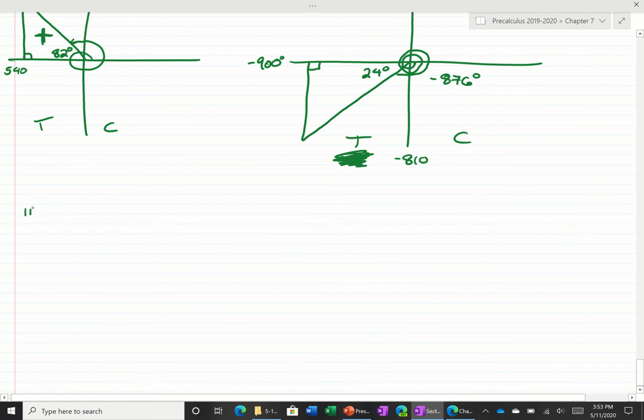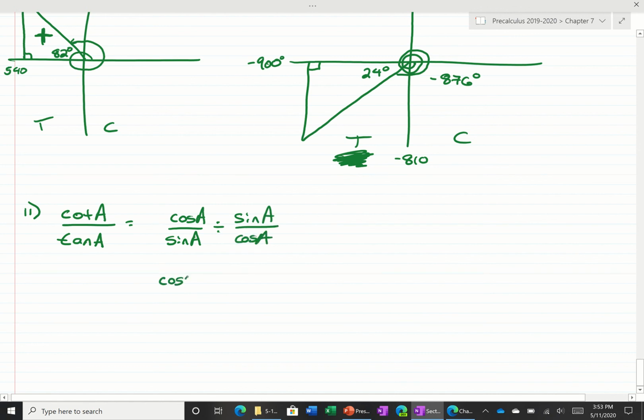Problem number 11 says to simplify cotangent of A over the tangent of A. Well, first step for doing these was to convert to sines and cosines. Cotangent is cosine over sine. We're dividing by tangent, which is sine over cosine.